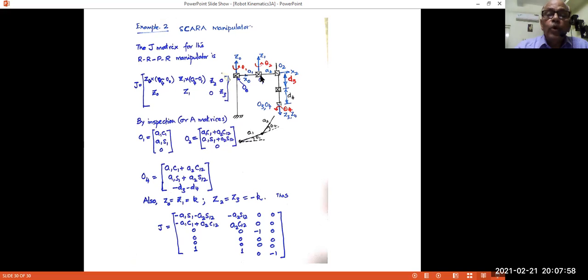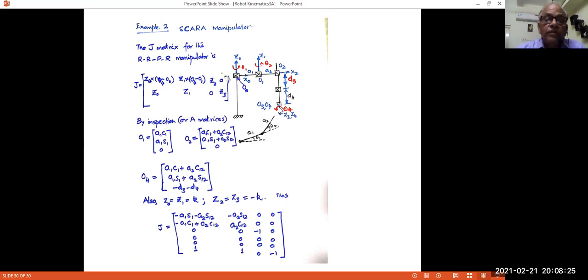And O1 with respect to that will be A1C1, A1S1, and 0. And this point O2 will be this plus this: A1C1 plus A2C12. Similarly, A1S1 plus A2S12, and the Z component will be 0 at this point.